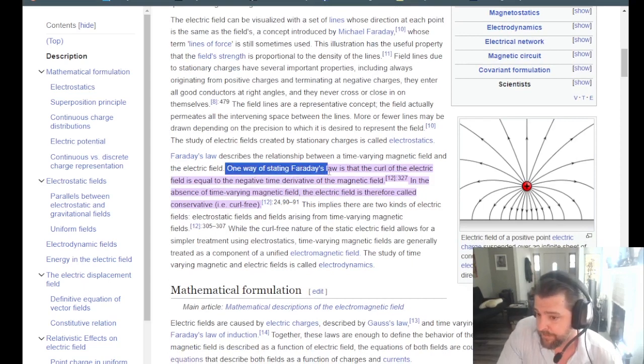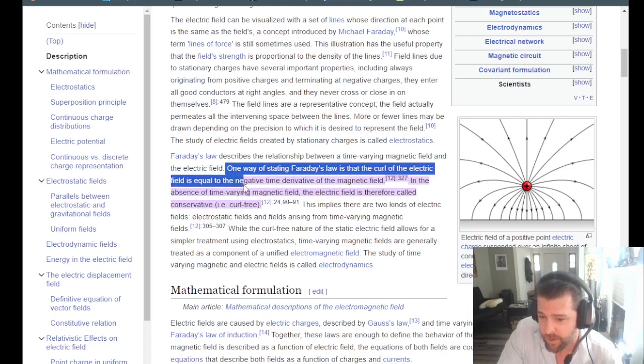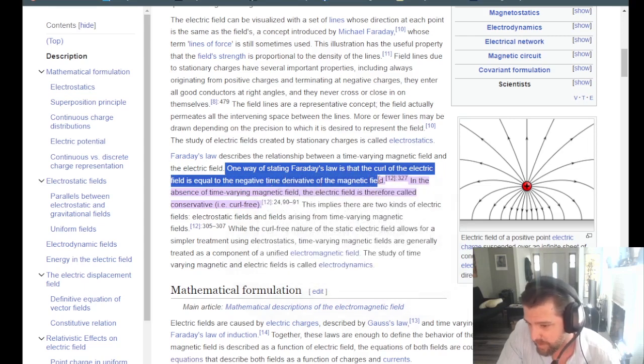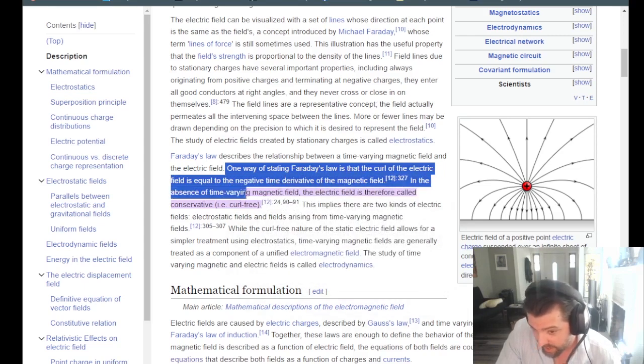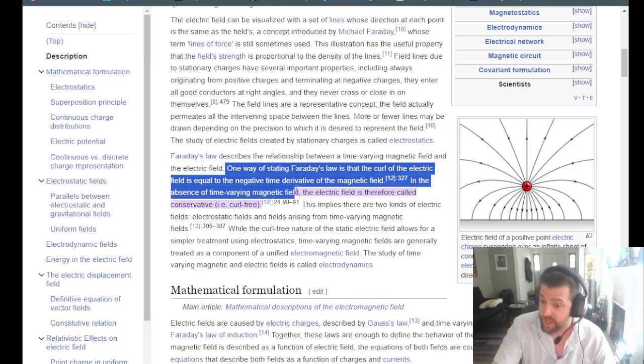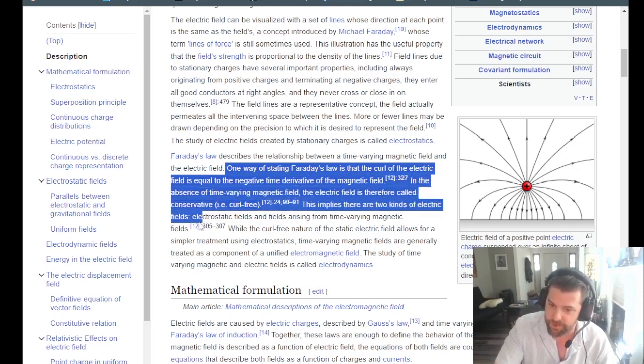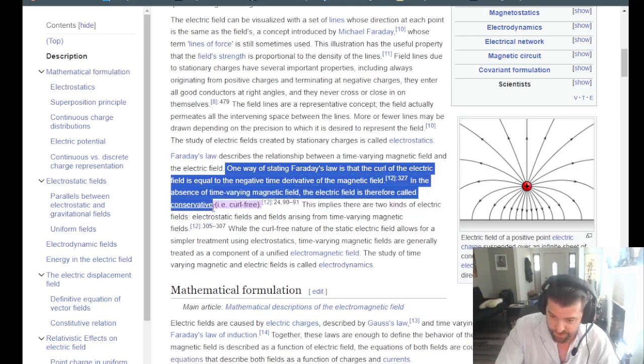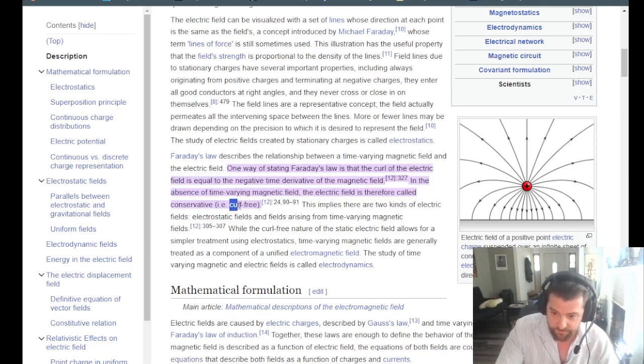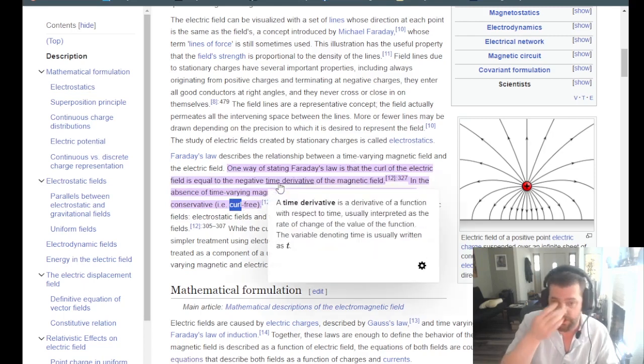One way of stating Faraday's law is that the curl of the electric field is equal to the negative time derivative of the magnetic field. In the absence of time-varying magnetic fields, the electric field is therefore conservative, i.e. curl-free. So when I say curl, I mean curl, C-U-R-L, okay?